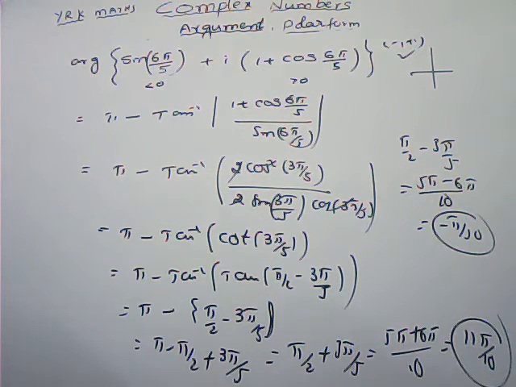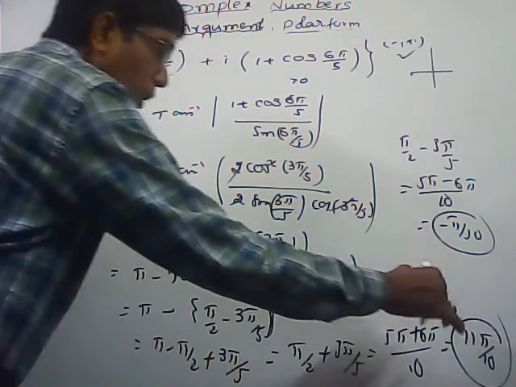Now here we got 11 pi by 10. What about 11 pi by 10? That is more than pi. Now this is the argument of a complex number only. That is not the principal value of the argument. Why? Because 11 pi by 10, that is more than pi. That does not lie in between minus pi to pi. So that is in the form of 2n pi plus theta only.